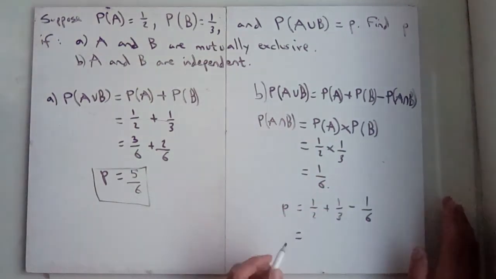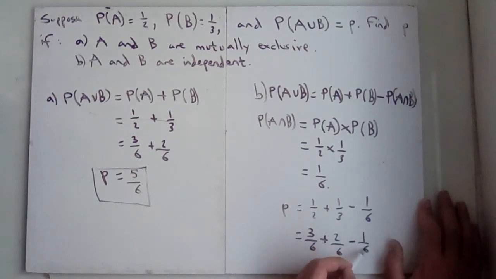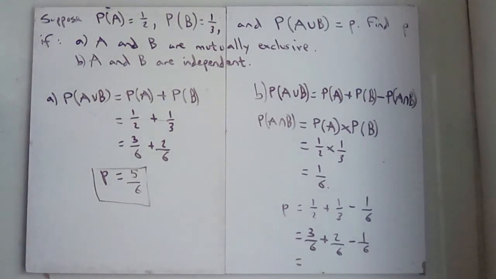Put them all in sixths, so that was 3/6 plus 2/6 minus 1/6, equals 3 plus 2 is 5, minus the 1 is 4/6, which could be p equals 2/3.